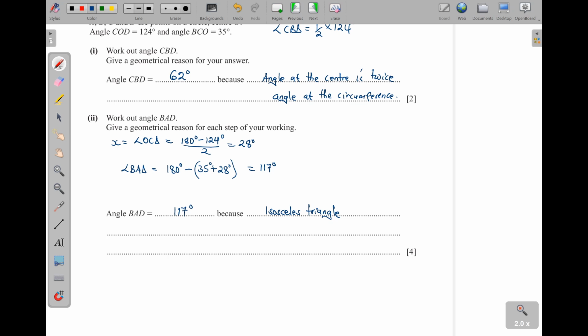And then my other geometrical reason that I'm going to put here, how I got this one, is that opposite angles in a cyclic quadrilateral add up to 180 degrees. You can even say supplementary, because supplementary angles, that's a pair which adds to 180 degrees.